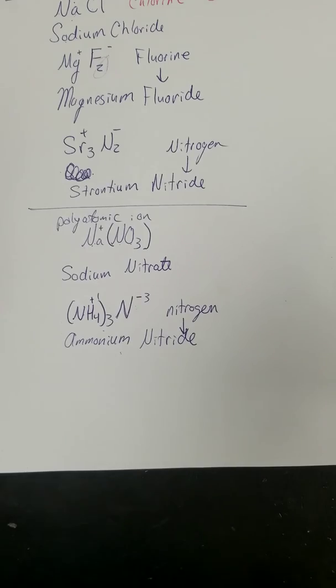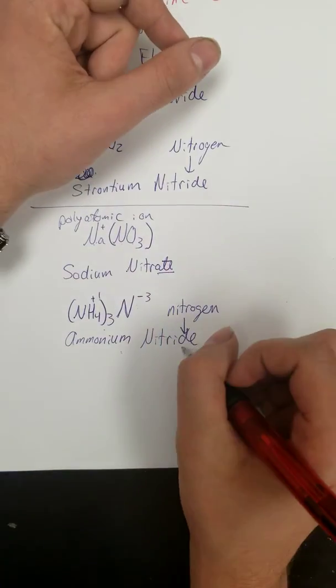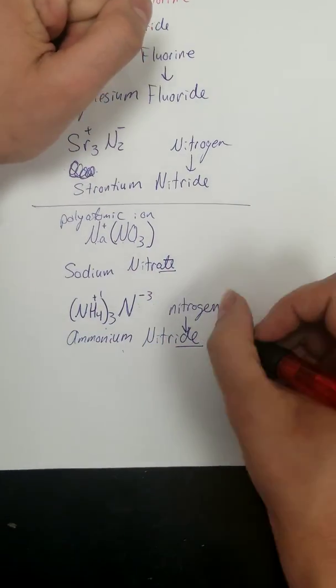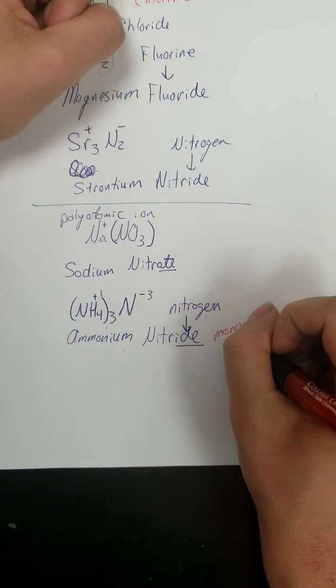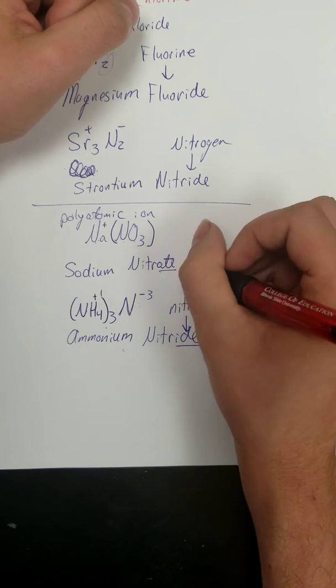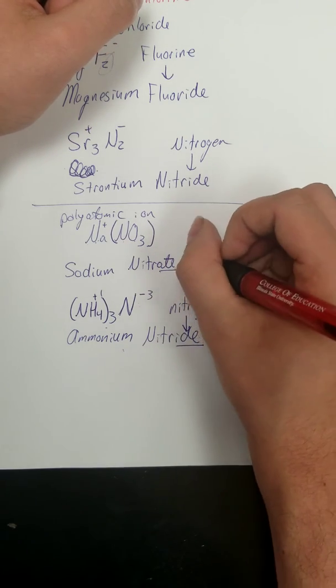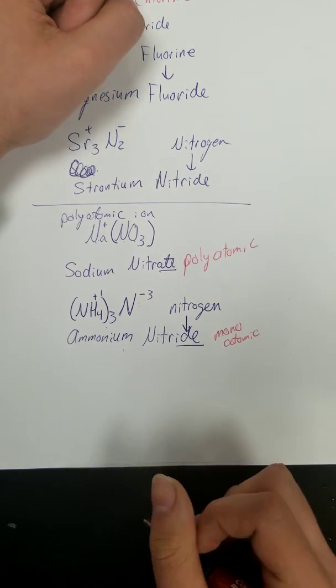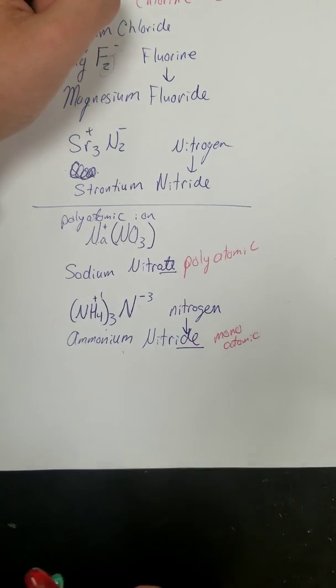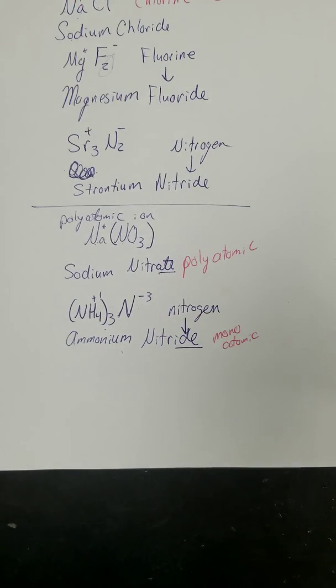Now, one thing to keep in mind, you have ATE and you have IDE. IDE is for monoatomic, which means one. ATE is polyatomic. And there's one other polyatomic ending that we deal with, and that's ITE.